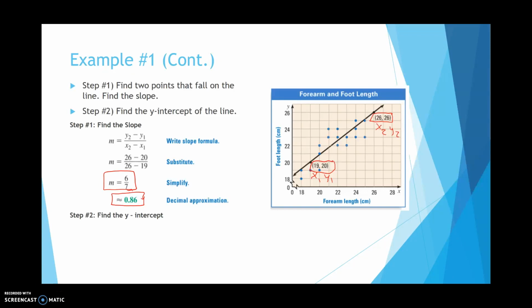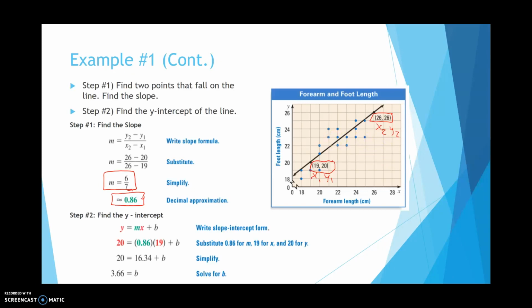For step number 2, we're going to find the y-intercept. We're going to take one of the 2 points and plug it in. For this, we're using the first point, 19, 20, as I mentioned in class. So we're going to plug in y, m, and x. My y is 20, equals my slope m, the decimal 0.86, times my x value, which is 19, plus my b.